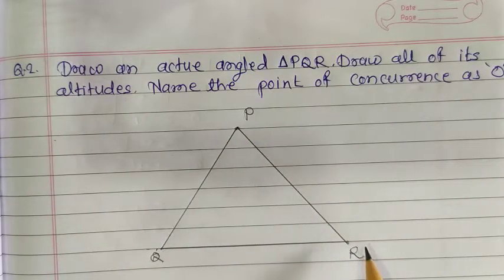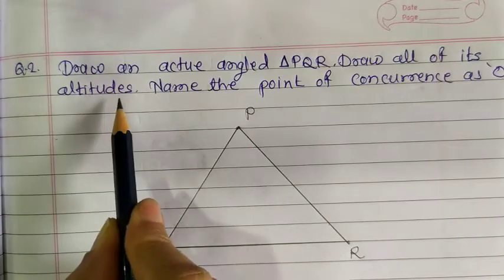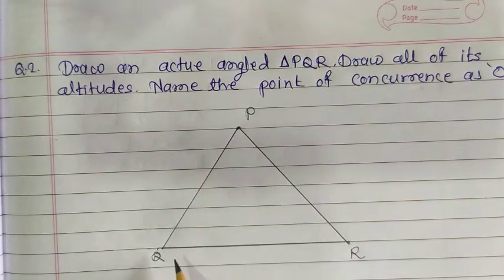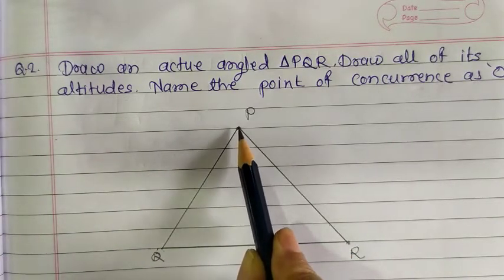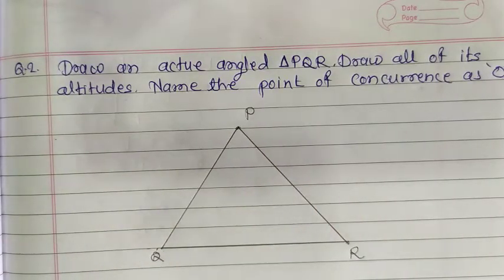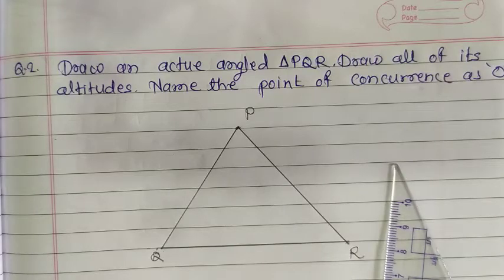So we draw the altitudes. First, we take the base QR and draw the altitude from the vertex P. Use the set square for drawing this.